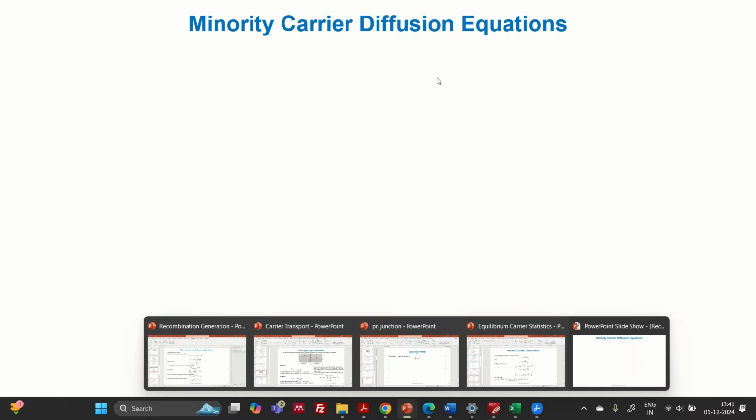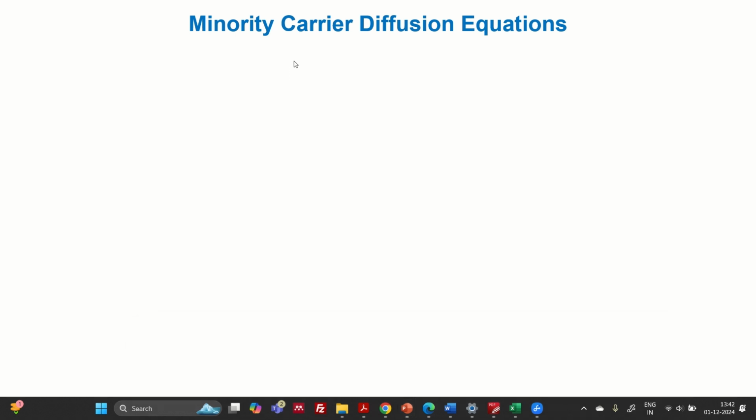In those cases, you can neglect the drift current and derive the equations which we call the minority carrier diffusion equations.